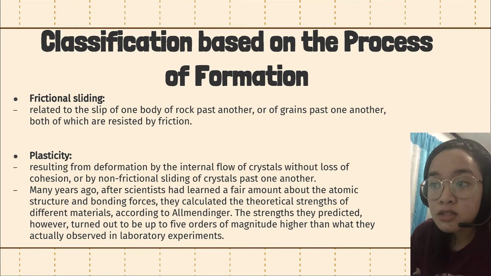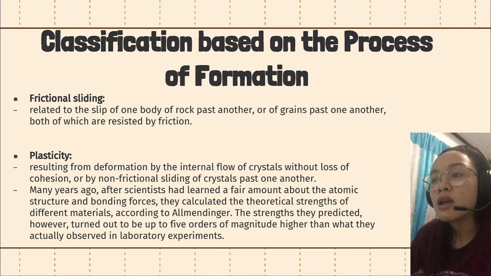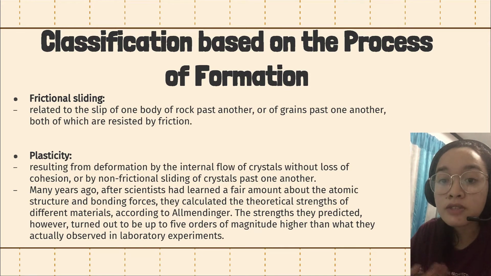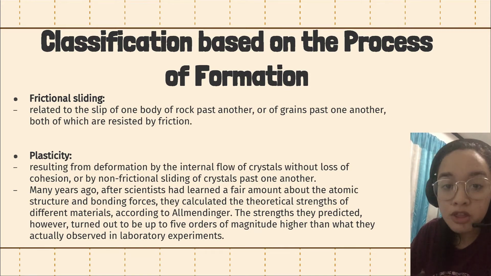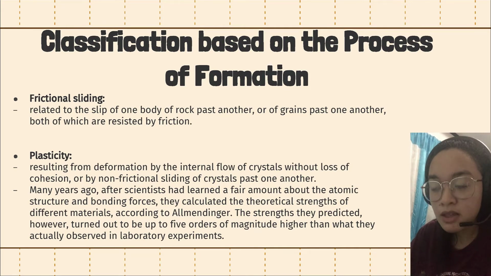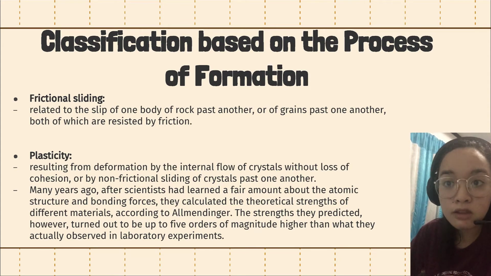The strengths they predicted, however, turned out to be up to 5 orders of magnitude higher than what they actually observed in laboratory experiments. Thus, they hypothesized that crystals could not be perfect, but must have defects in them.